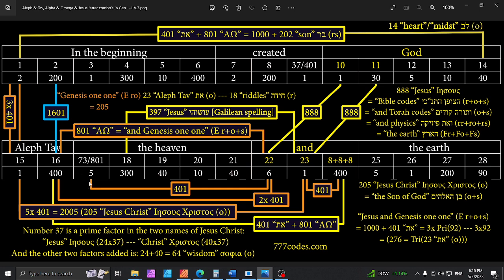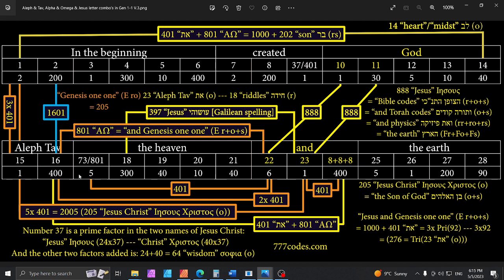And you see that all letters from Alpha Omega to the first letter in the word and is 401, Aleph Tav. I think that is a wonderful code.